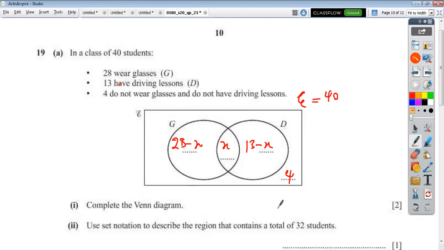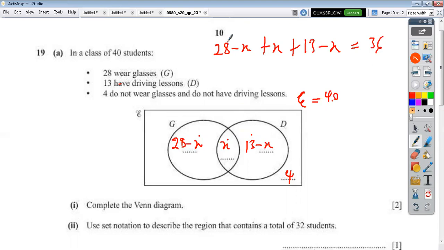Clear now? But they don't want you to leave it like this. You know that from 40, if you subtract 4, you get 36. It means this plus that should give you 36. So I'm saying 28 minus x plus 13 minus x is equal to 36.